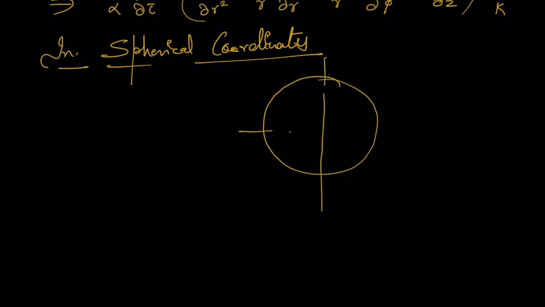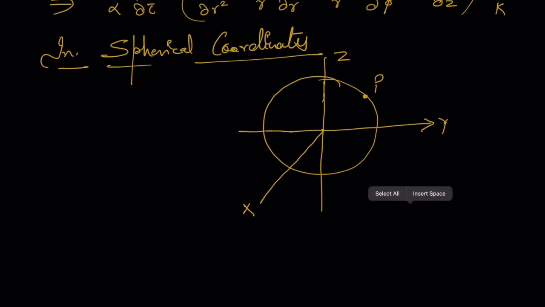This is the y axis, this is the z axis, and this is the x axis. Now suppose there is a point P here, and we need to write the coordinates of this point P.